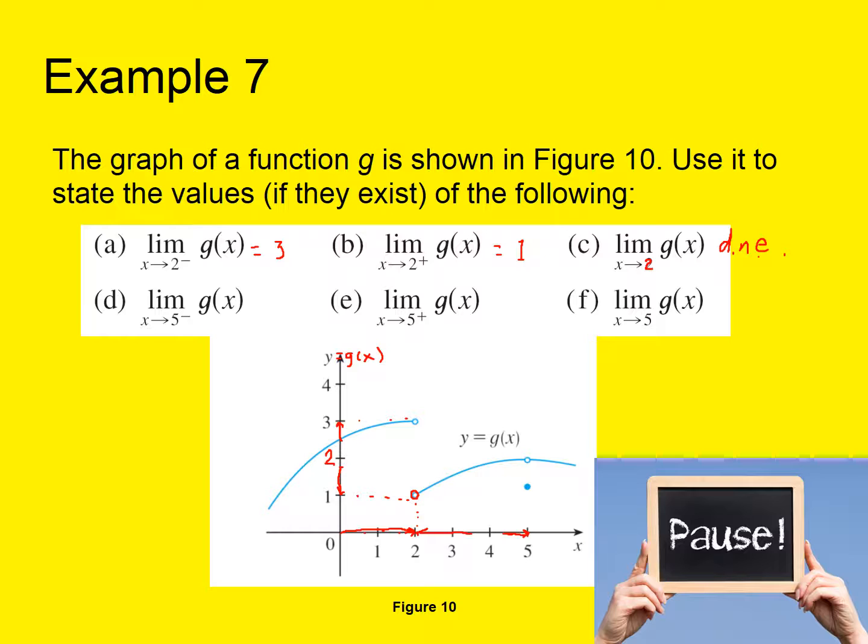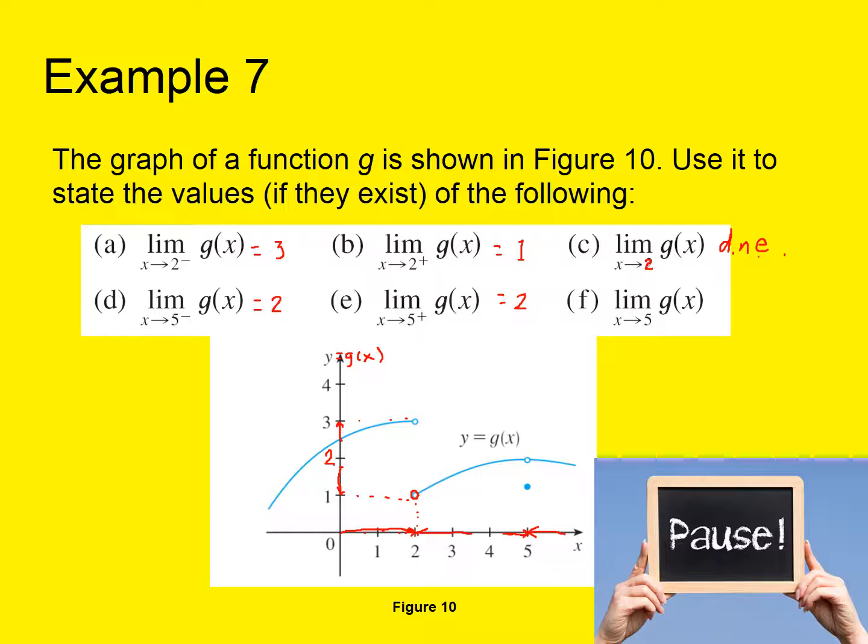And the same is true as x approaches 5 from the right. That's going to 2 also. Now remember, not x equal to 5, x approaching 5. When x equals 5, g of x looks like it's 1 point something, or maybe it's just 1.